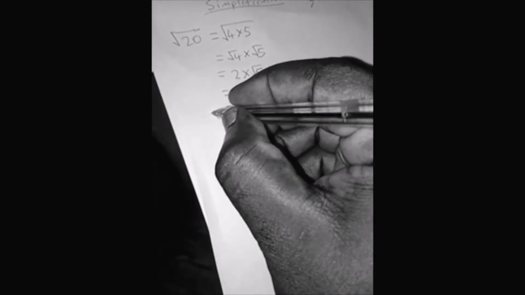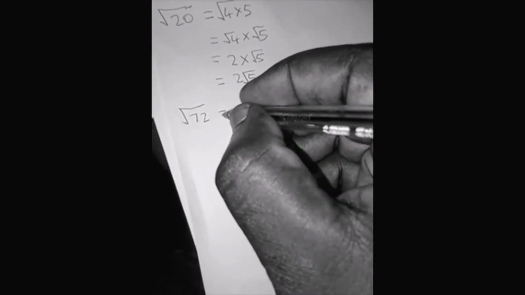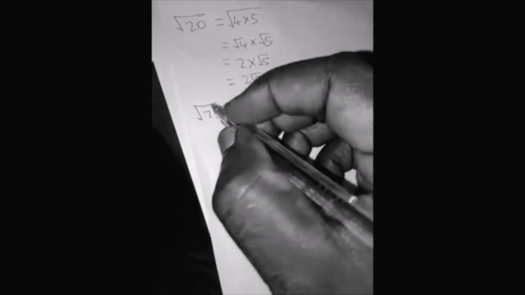Let's say I'm having something like root of 72. I'm to break this down. Now for this, I can have the two values that I can use over here. I check this: 36 times 2 will give me 72. This 36 is a perfect square.